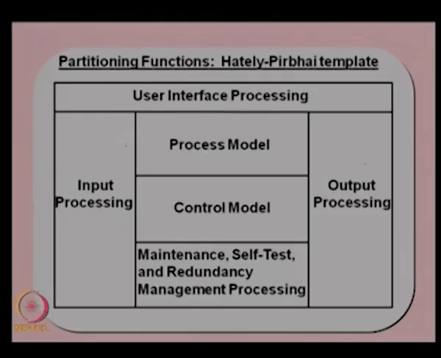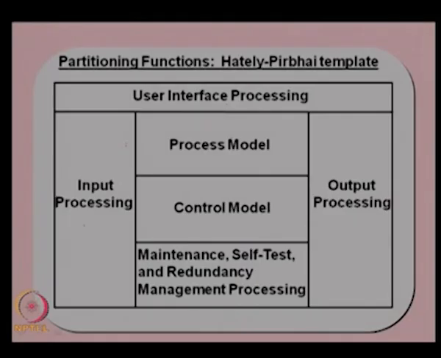So, maintenance, self test and redundancy also becomes one of the sub functions. In effect, if you have a process model or a particular function to be decomposed into sub functions, you look at the interface processing first. What is the kind of interface to be provided for the system? In this case, that is the user interface processing, and then the input processing.